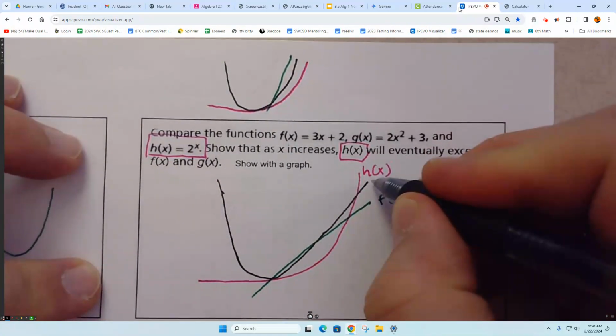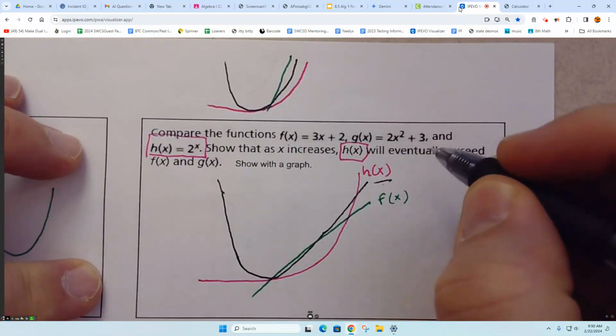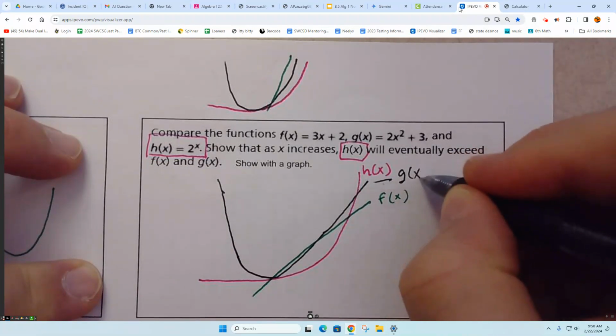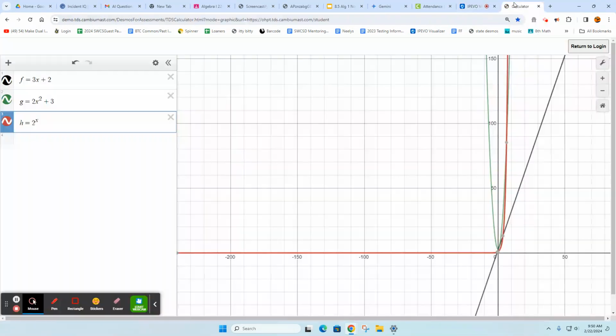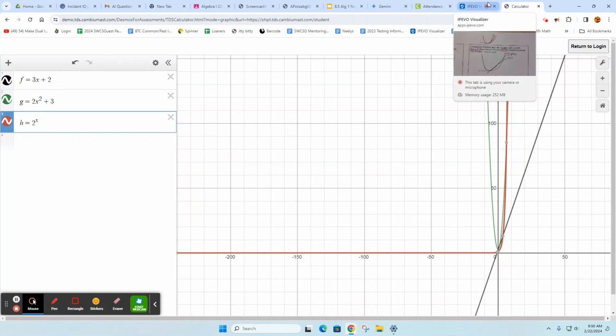And that one is G of X. I should have maybe drawn my other ones first, but I think we get the point.